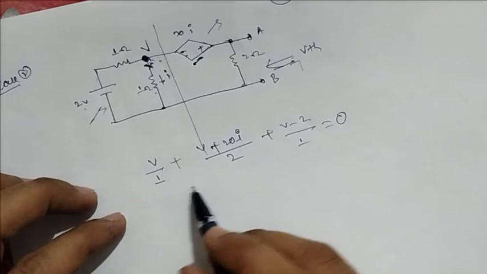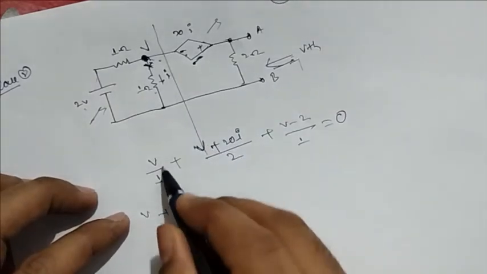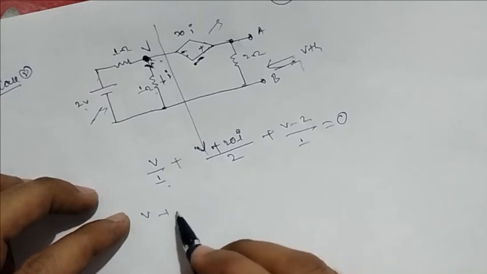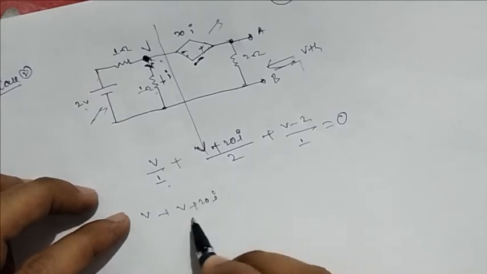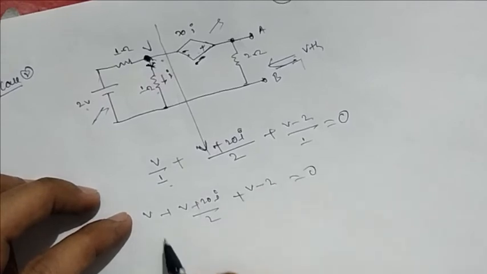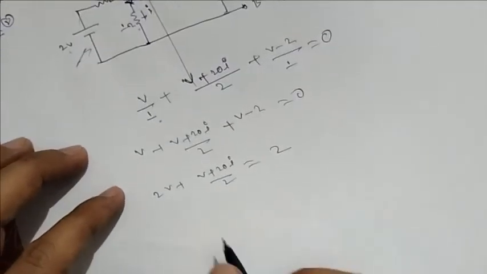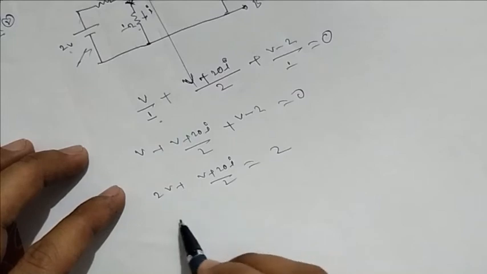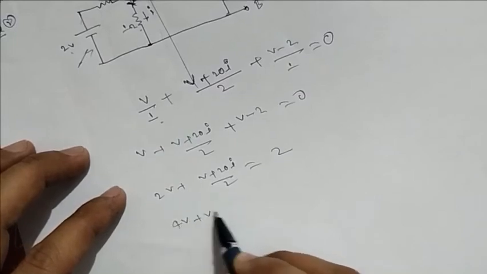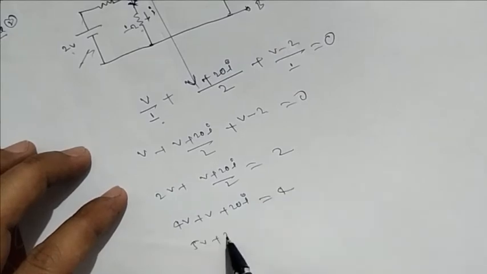Now if we see the calculation, this is V by 1 equal to V plus 20I by 2 plus V minus 2 equal to 0. Now it is 2V plus V plus 20I equal to 4, meaning 5V plus 20I equal to 4.